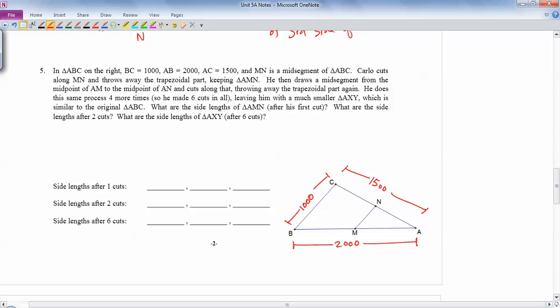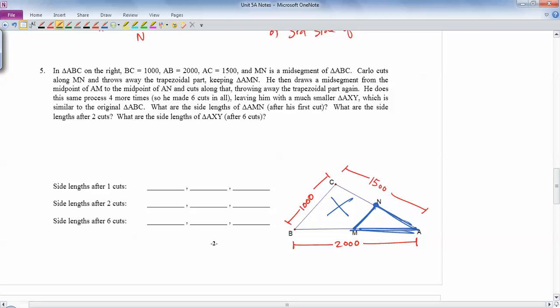Then what he does is he finds a couple midpoints and connects them. So this guy right here is a mid-segment, right? And then the idea is that he keeps this part of the triangle and throws away the rest. So he throws this out. And the question is, how long are the sides of triangle AMN there?